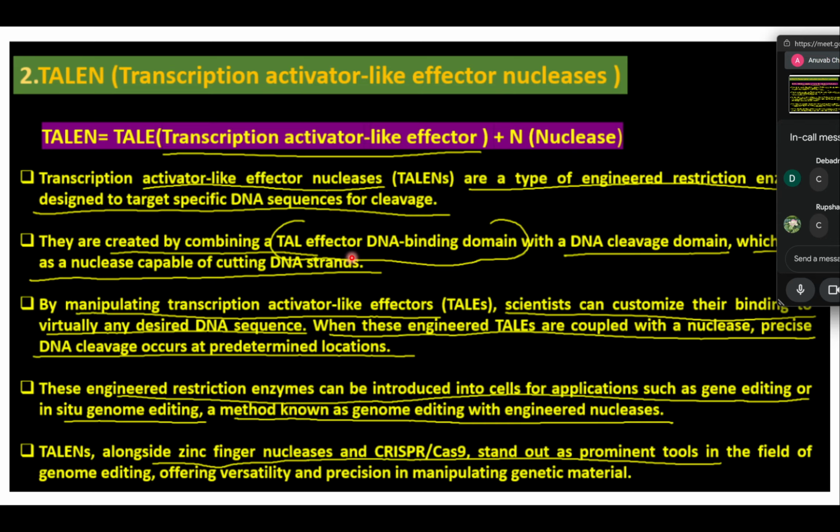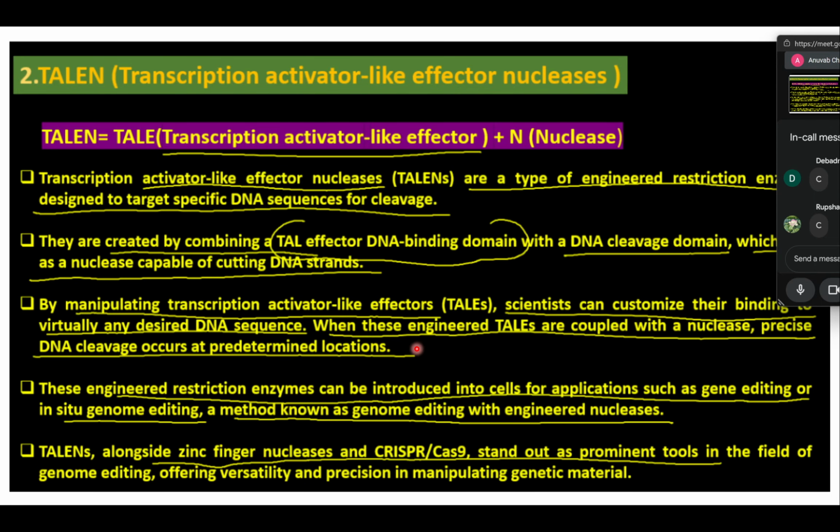It is created by combining a TAL effector DNA binding domain with a DNA cleavage domain, which cuts the DNA. By manipulating transcription activator like effectors, TALs, scientists have been able to customize them to bind to virtually any DNA sequence. When these engineered TALs are coupled with nuclease, precise DNA cleavage can be performed.